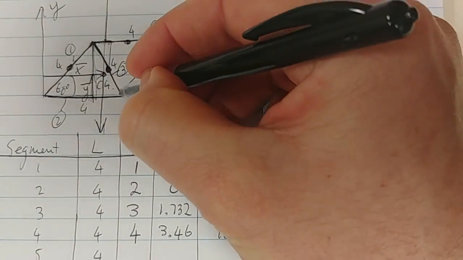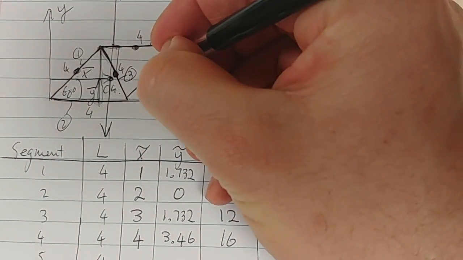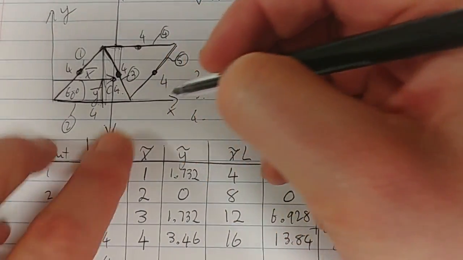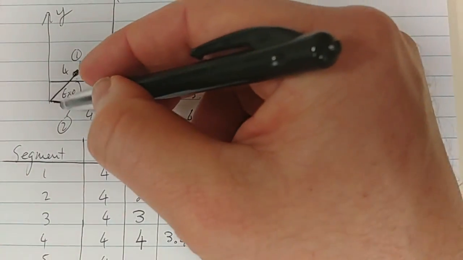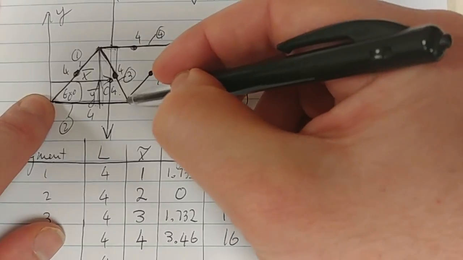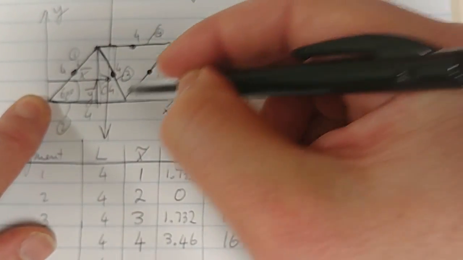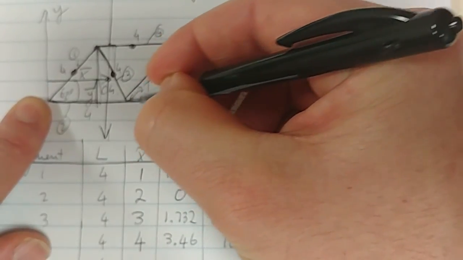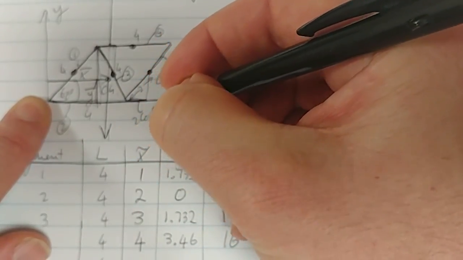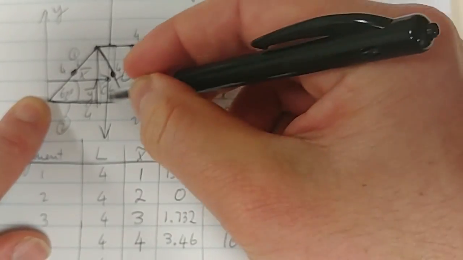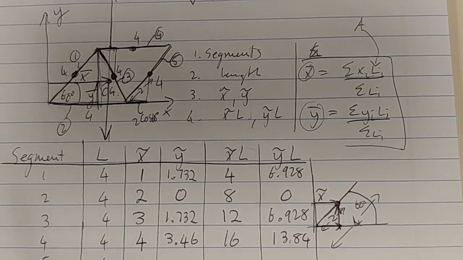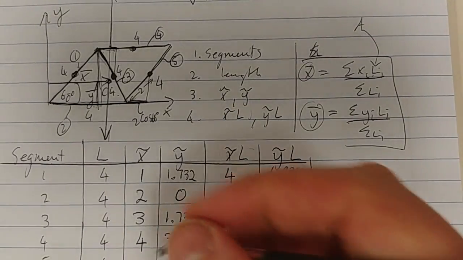Now we just have the final one, element 5, and we know the centroid is there. The length is 4, and we need to locate that position in x and y. So x will be 4 plus 2, because that's 2, plus that distance, which is 2 cos 60. 2 cos 60 equals 1, plus 4 equals 5.